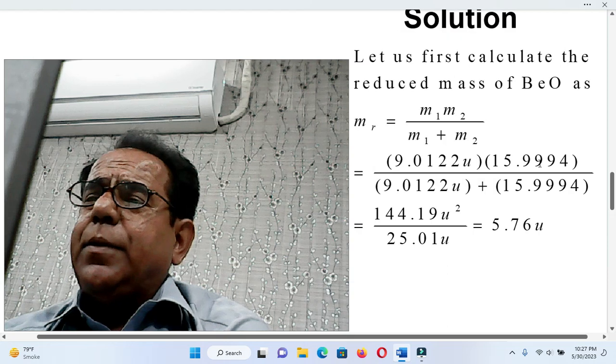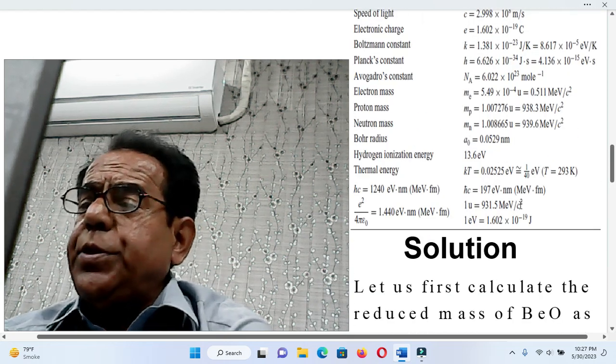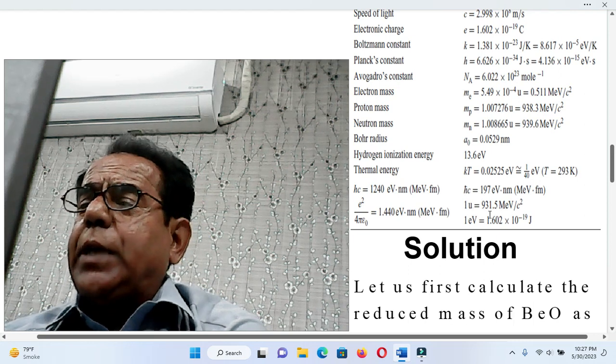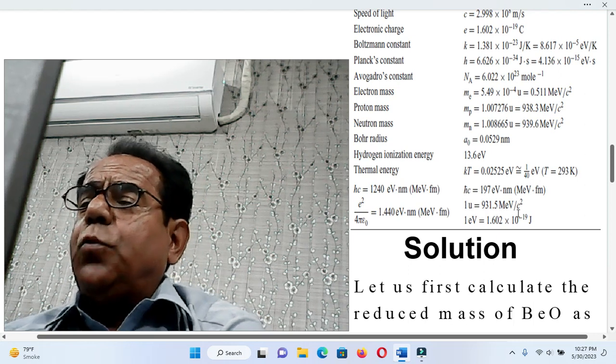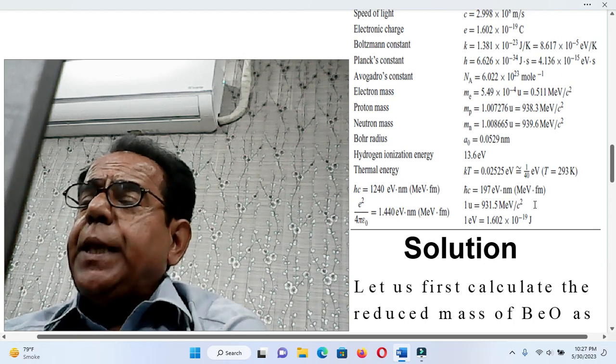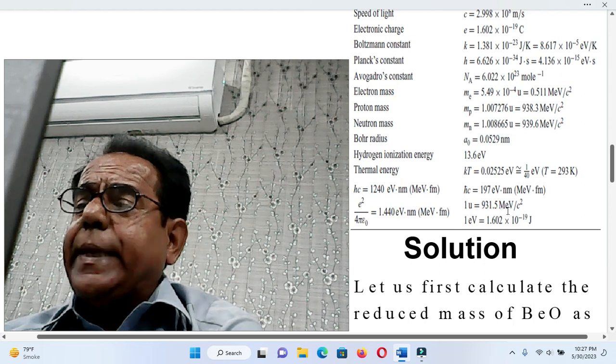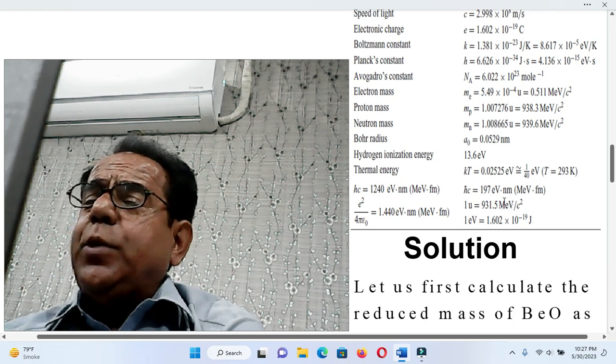Let us once again go back to this table. 1 u is equal to 931.5 million electron volt over c square. So we have used this value in place of u, and this value contains c square in the denominator.